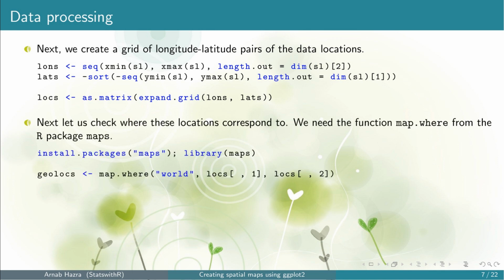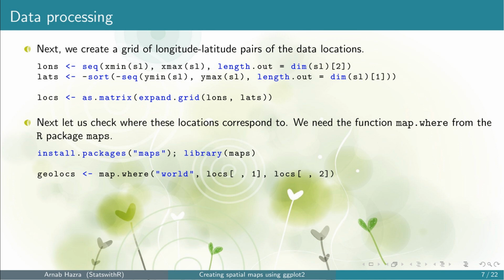Next, remember that the rectangle covers Sri Lanka, but it includes a big region of the Indian Ocean and also some pixels covering India. So we need to select only the pixels that cover Sri Lanka. To do that, we need the function map.where from the package maps.